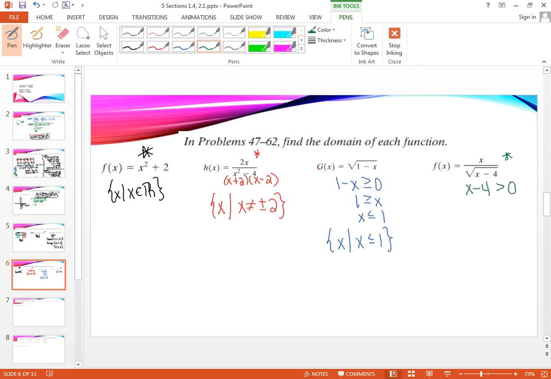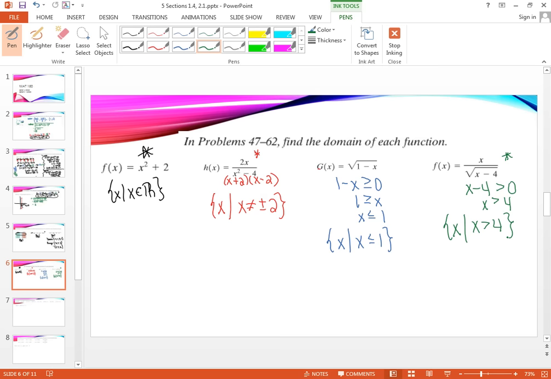So since it's sitting in the bottom of a fraction, it can't equal 0. So all I can have is the x minus 4 bigger than 0. Think about that. Make sure you understand that. Okay? If I add 4 to both sides, I get x is bigger than 4. And I say I can use any x's that are bigger than 4. That's my domain.